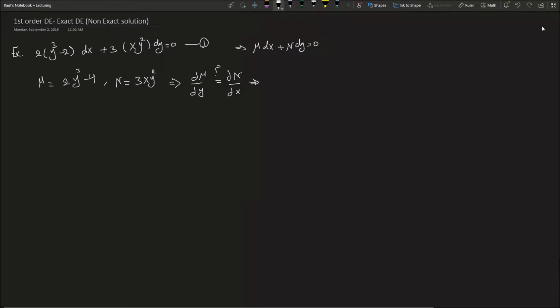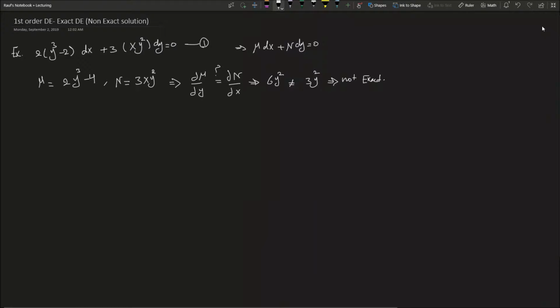Partial mu over partial y gives you 6y squared, and partial nu over partial x gives you 3y squared. Of course 6y squared does not equal 3y squared. So the equation in front of us is not an exact equation.